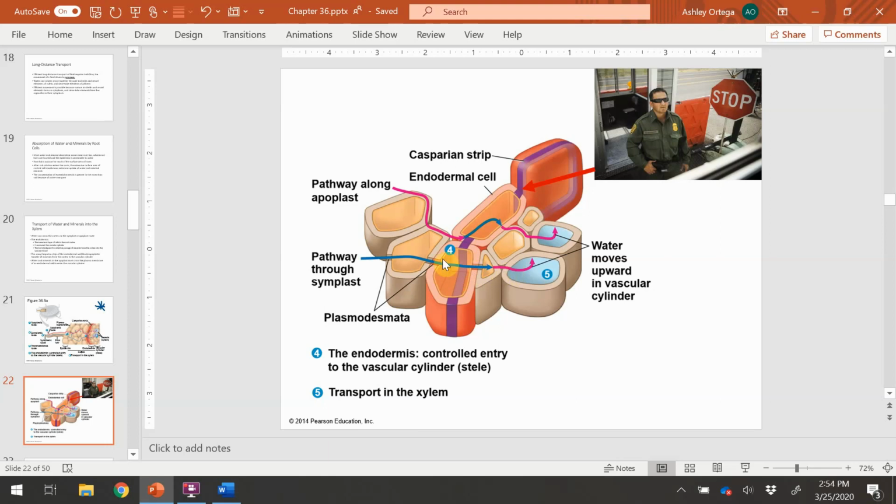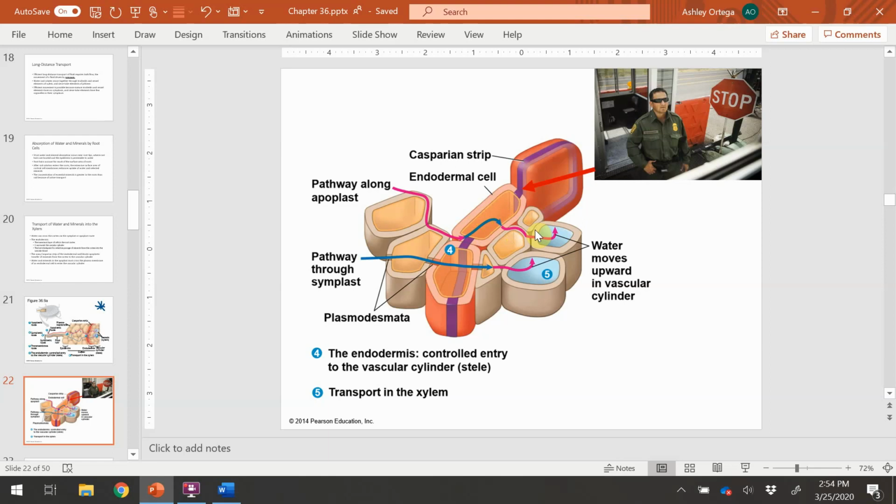And so for the symplast route, they're already in this route, so they get to just go straight through. And then usually they convert to the apoplast route to get to the vascular cylinder. Whereas the apoplast route, they have to stop, go into the cell, go to the symplastic functioning, and then get approved and go through.